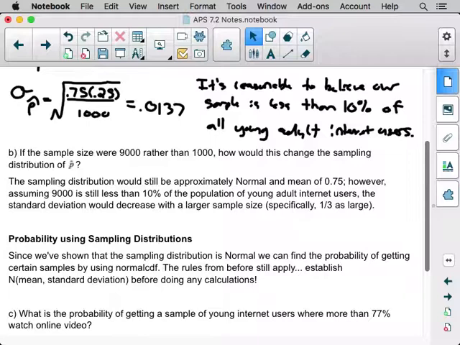It'll still be approximately normal. And then we talked about yesterday that increasing sample size doesn't change how biased it may or may not be. So it's not going to change the center of the distribution either. The only thing that changes with sample size is going to be the standard deviation. It'll still be approximately normal. It'll still be centered in the same place. Just the standard deviation will decrease.